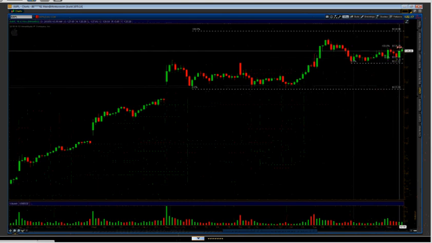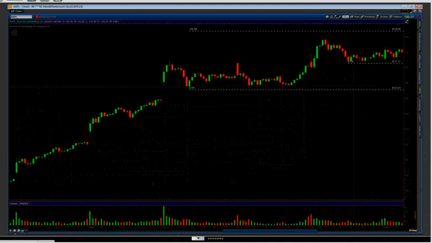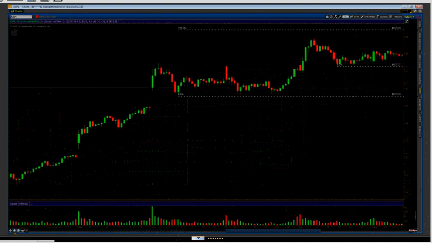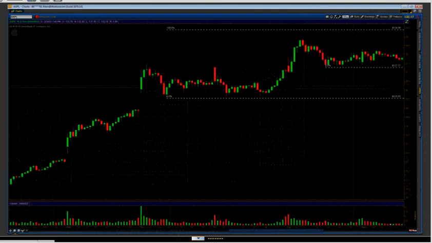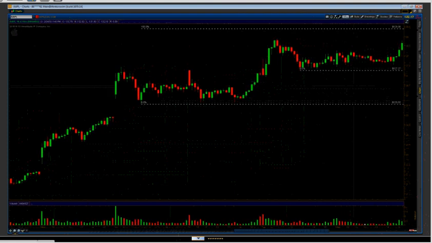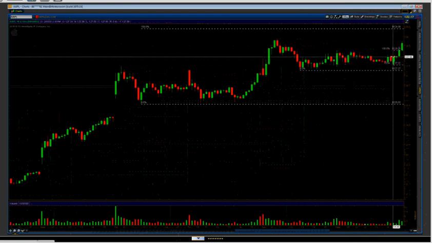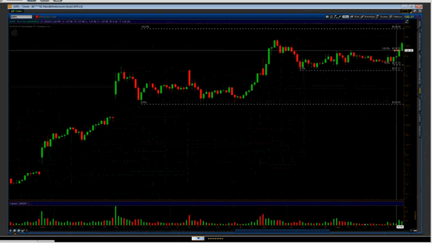That one, there's no way I could have traded that, so we won't count it. When it broke that high, though, it didn't break that high until it hit the target, so that wouldn't have been tradable.